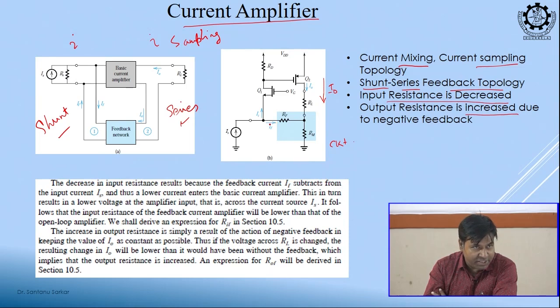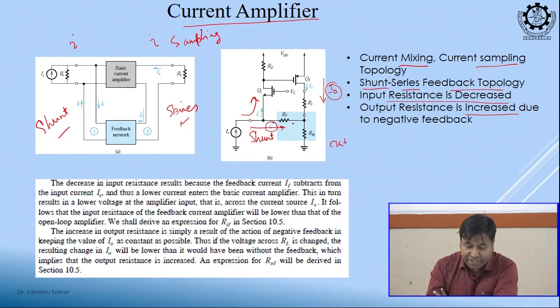Whenever there is a branching, this is a parallel connection for the current, two current paths are flowing. So, you can say that this is shunt, right. Current can flow in this direction, current can flow in this direction. So, this IF is a portion of I0.